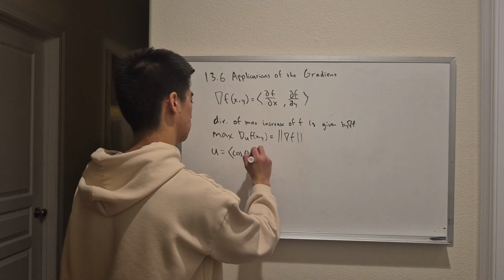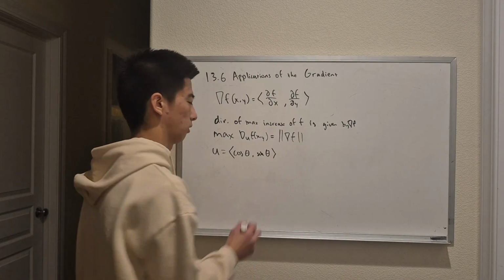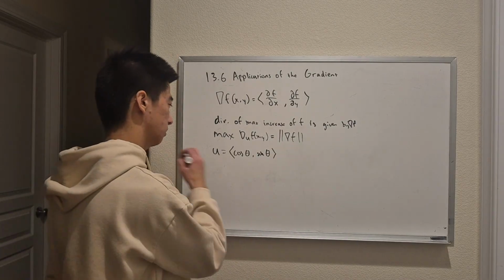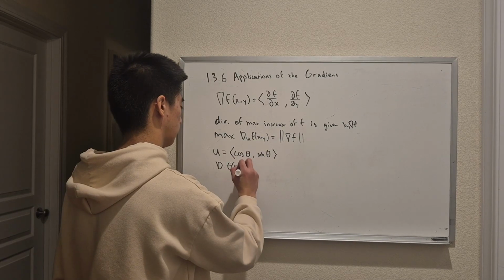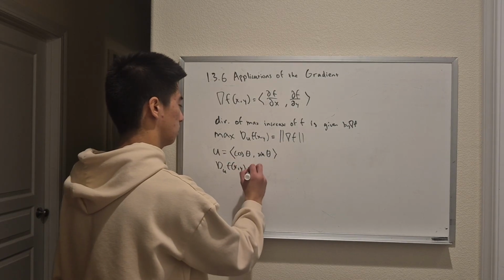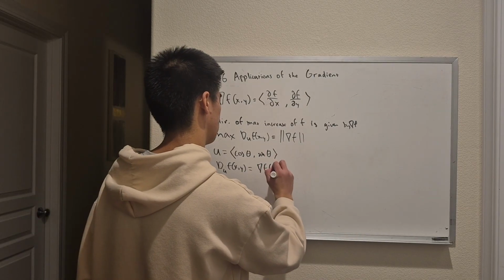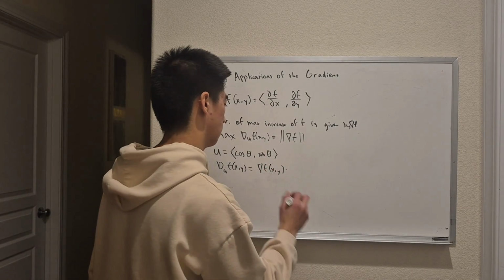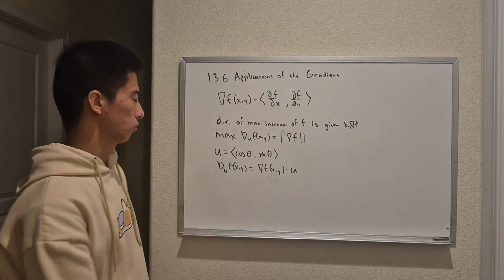So to prove this, we're going to first define our unit direction vector, u, which is equal to cosine theta, sine theta. Then recall that our directional derivative for the function f of x, y in the direction of u is equal to the dot product of our gradient and our direction vector u.